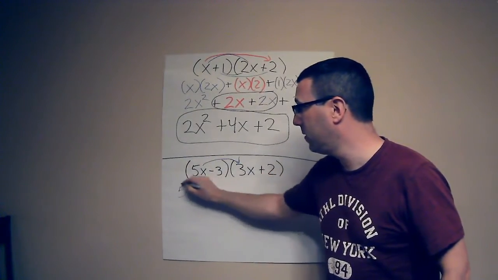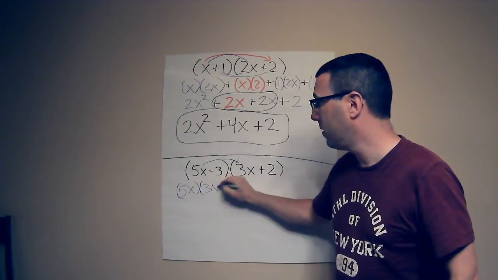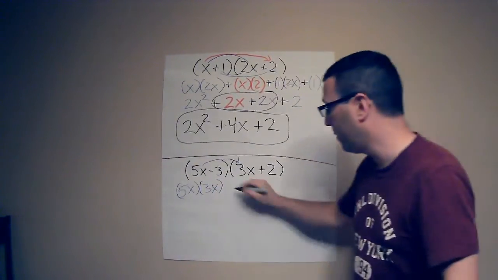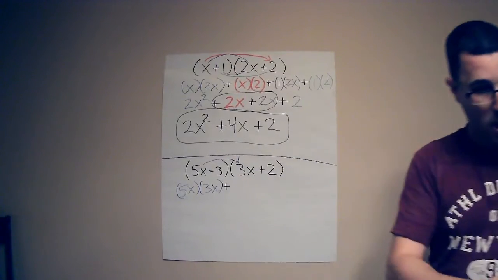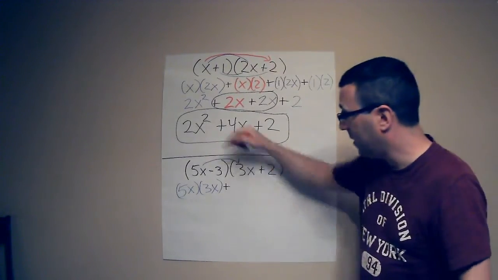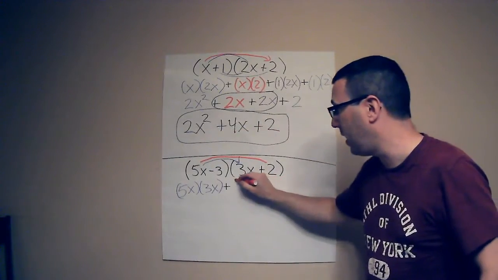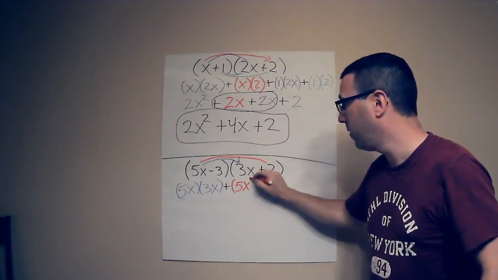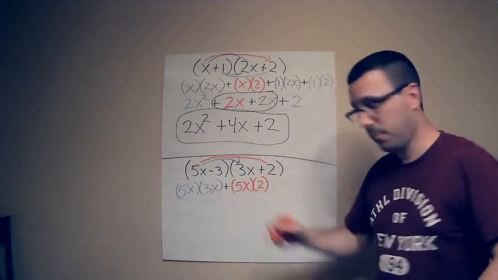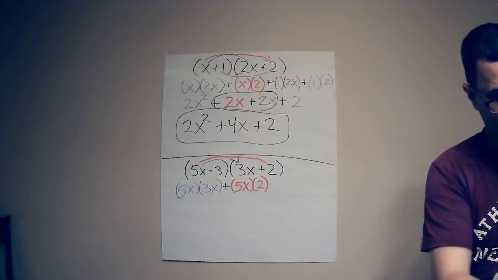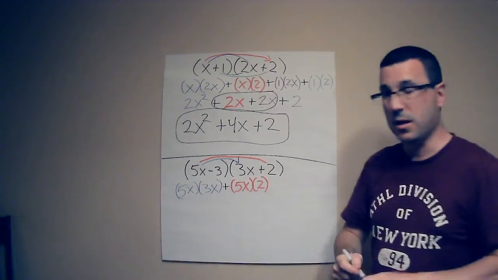So, look, first, 5x times 3x, plus outside, 5x times 2. I get a rhythm one of these times.